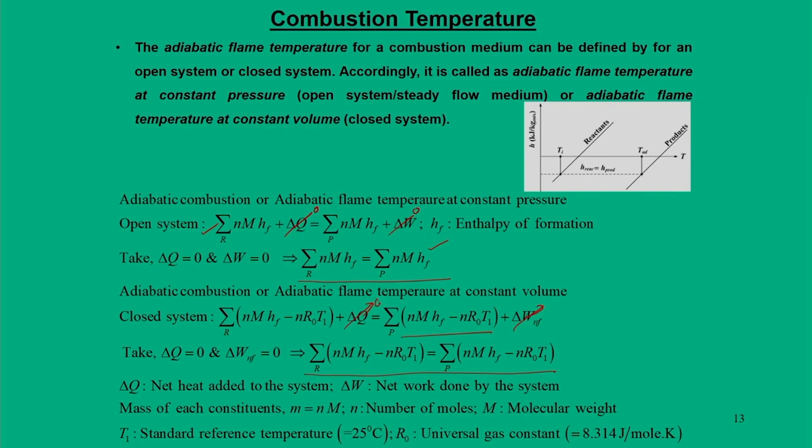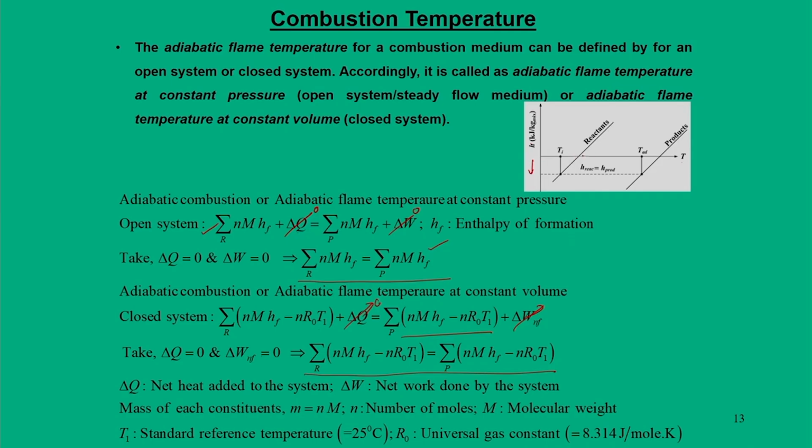If you refer to this particular figure, which shows enthalpy and temperature, one curve for reactants and the other for products, there is basically a heat release, so we have a negative sign here. We are looking at the enthalpy value in the negative direction.